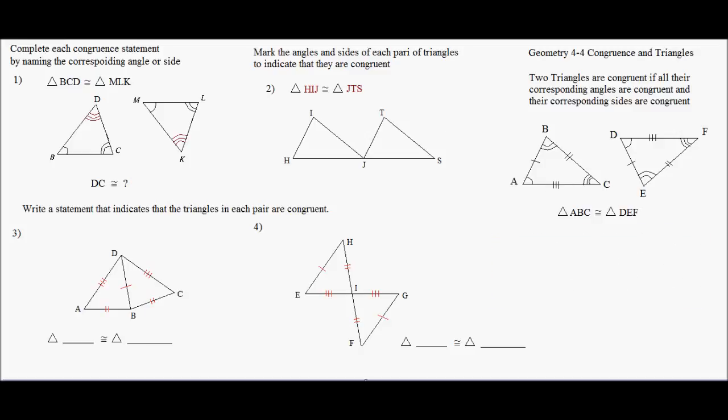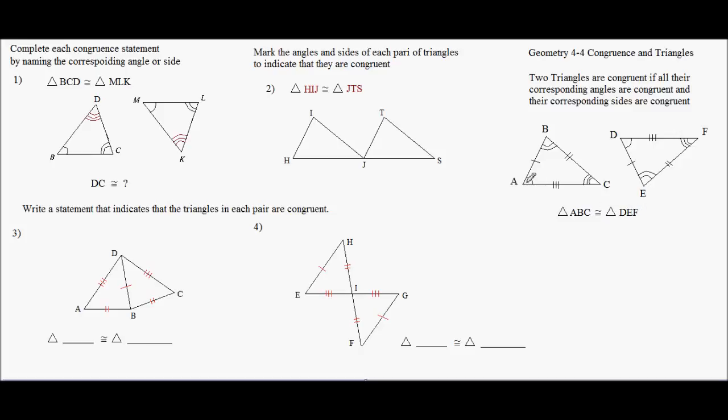So in triangles, same thing. Since we've got three sides and three angles, if all three corresponding sides are equal and all corresponding angles are equal, then we can be assured that the two triangles are congruent. So we say triangle ABC is congruent to DEF.